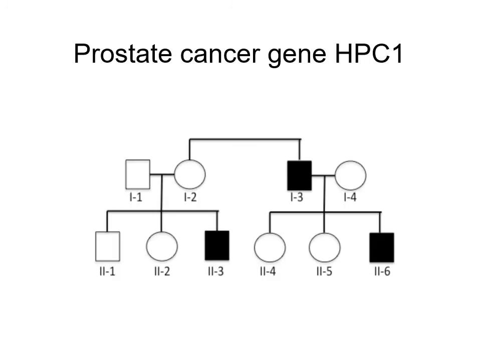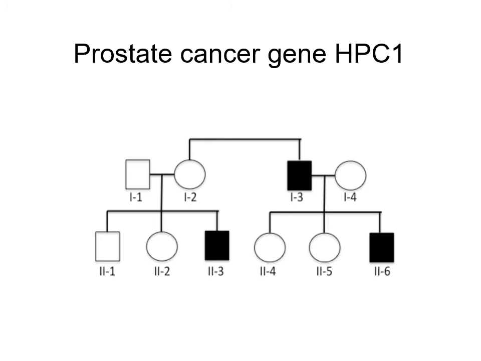Here's a prostate cancer pedigree. This is the other situation where males, of course, can get prostate cancer, whereas females, who do not have prostate glands, cannot. However, there are genes that, if mutated, lead to a predisposition to prostate cancer. And if a female inherits it, she can then pass it on to her children without getting the disease herself.